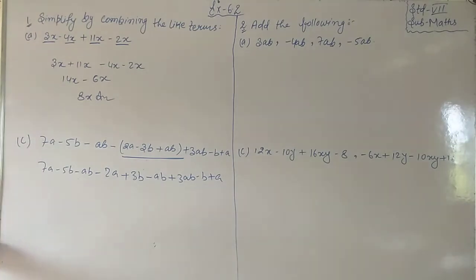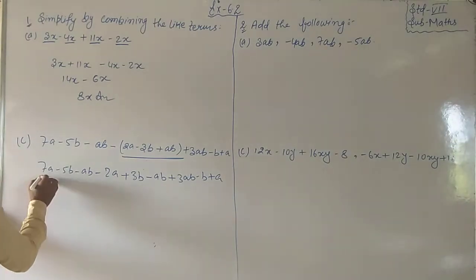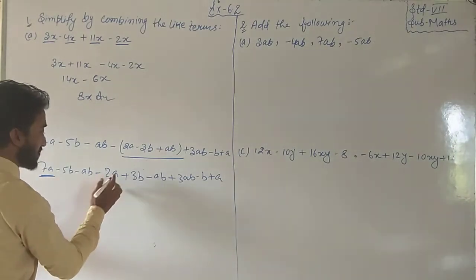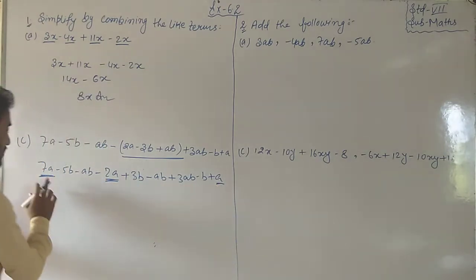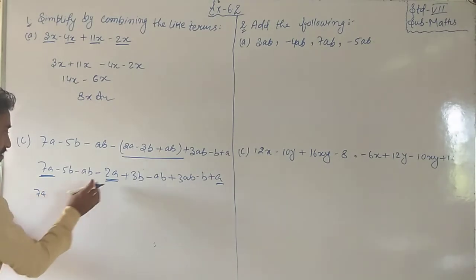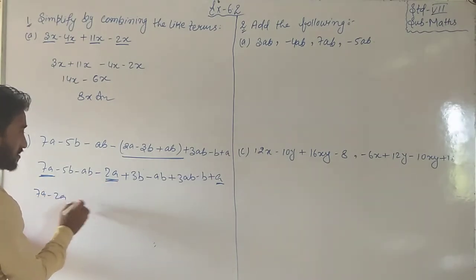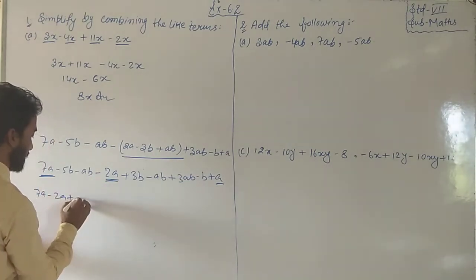Now we have to find the like terms. Here is 7a, there is a here, next a here. See, 7a minus 2a plus a.